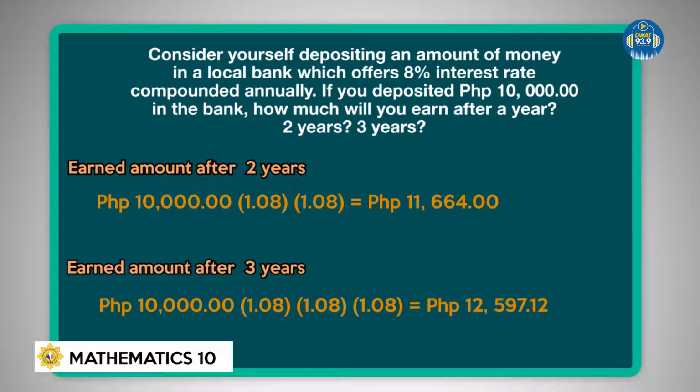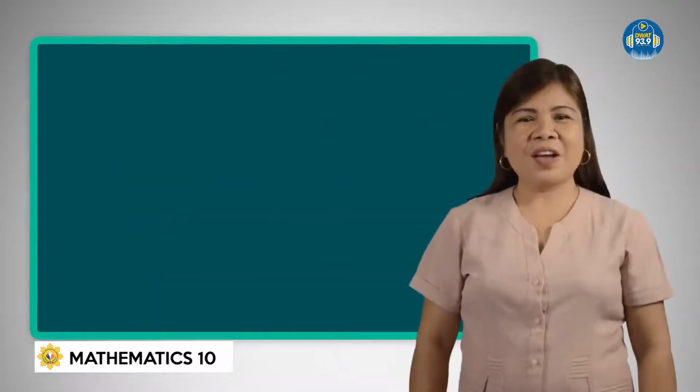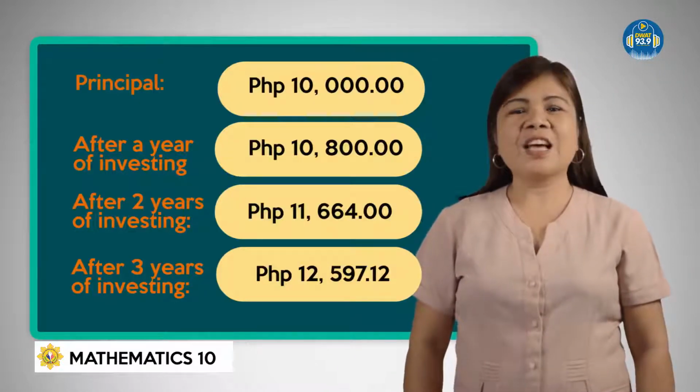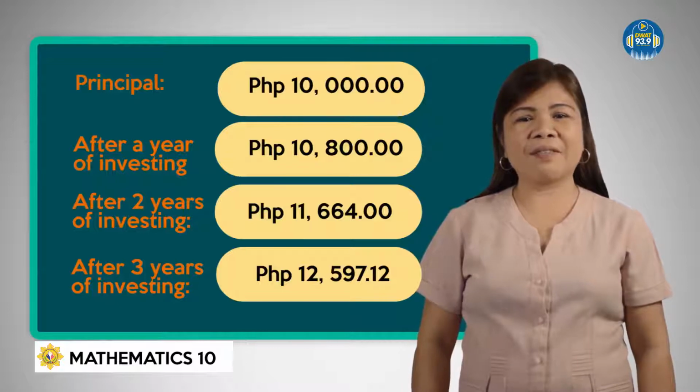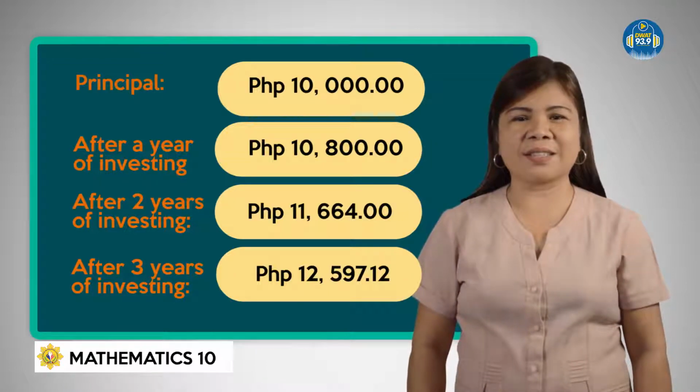We have 10,000 pesos times 1.08 times 1.08 times 1.08, and that is equal to 12,597.12 pesos. From the given situation, the principal amount you have is 10,000 pesos.